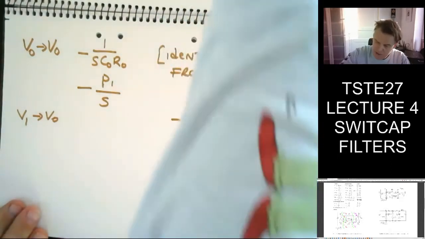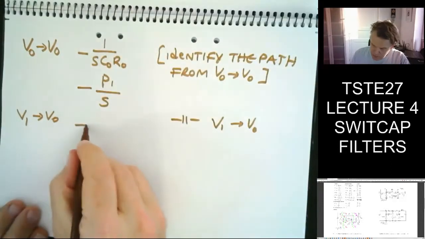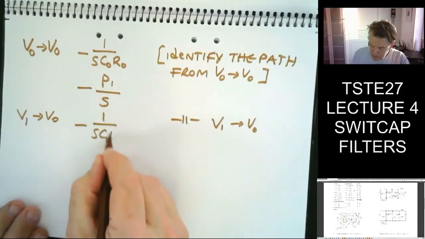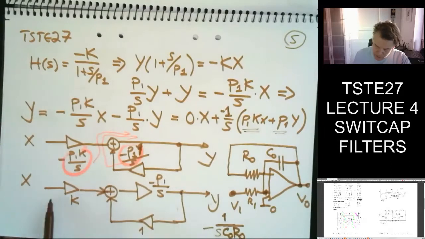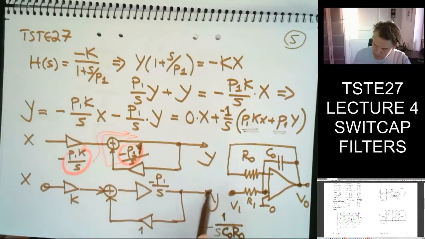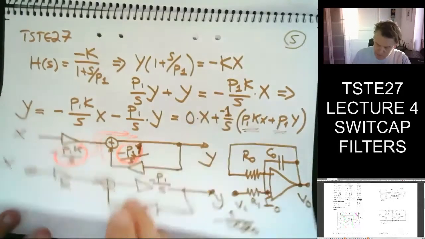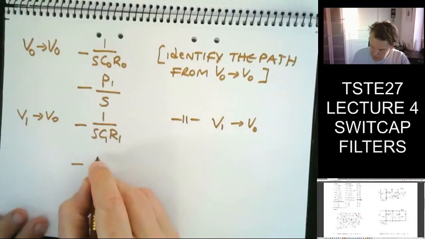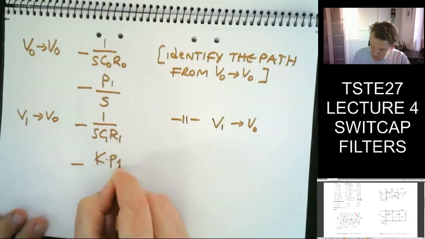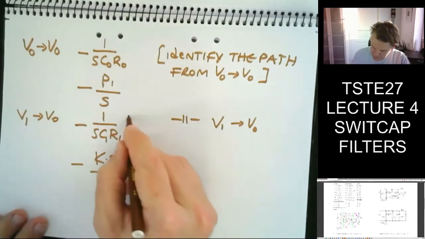And then we know that already, 1 over S C1 R1. And in the flow chart, I should take from this point to that point. So K times this stuff. So that should equal minus K times P1 over S.